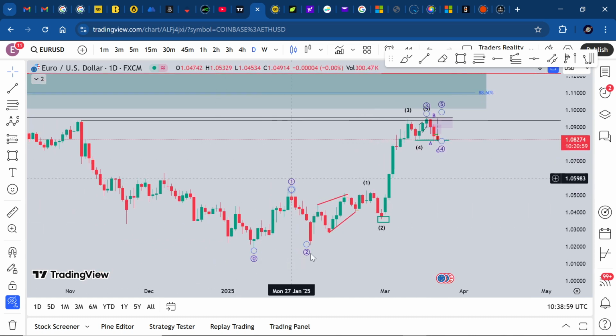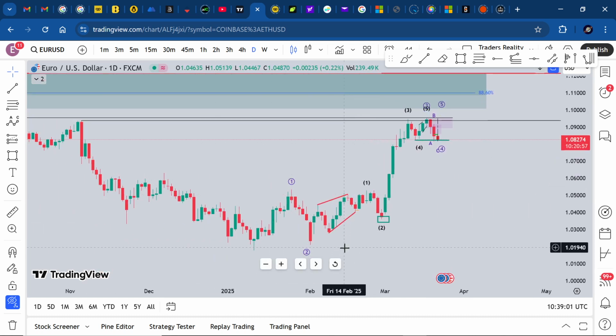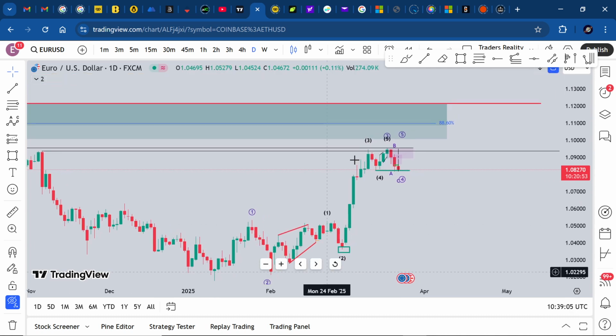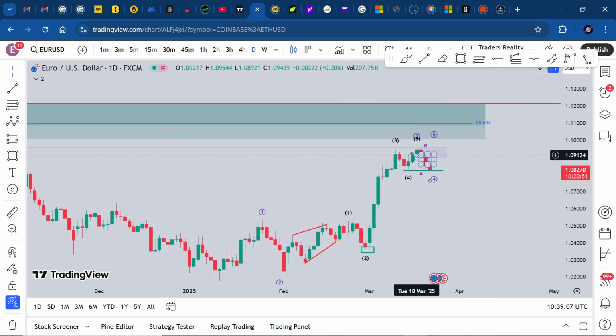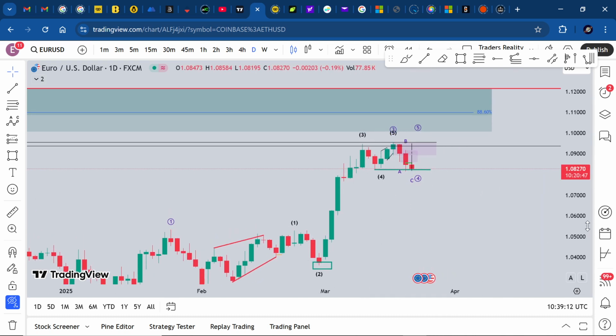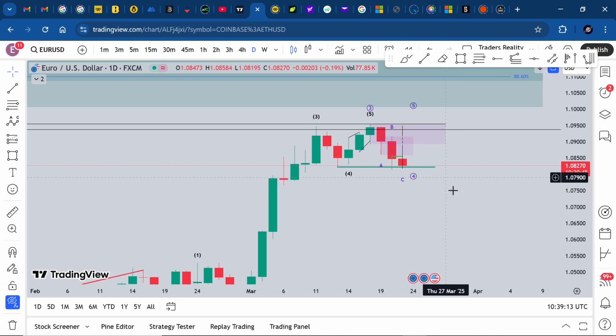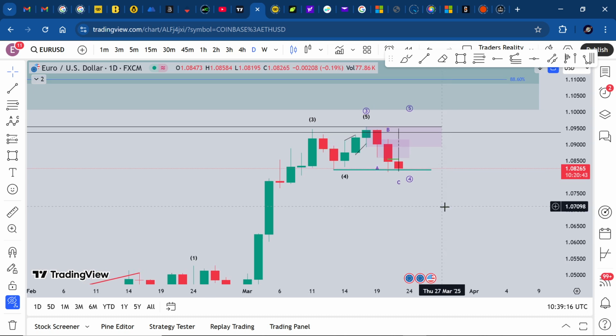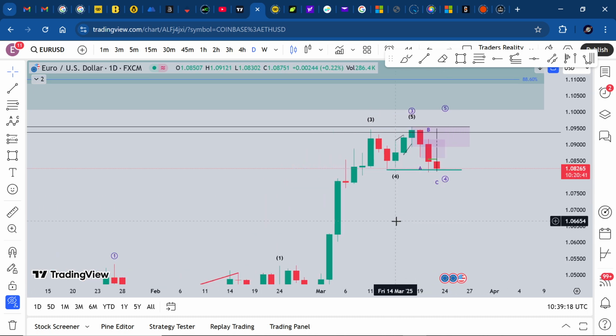We got a purple 1, 2. Then we got a leading diagonal in the black 1, 2, 3, 4, 5. Looking for the purple 4 and the purple 5 before coming down. That's what I'm looking for. Okay.